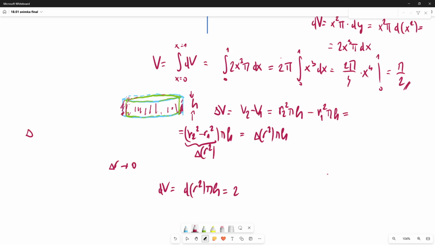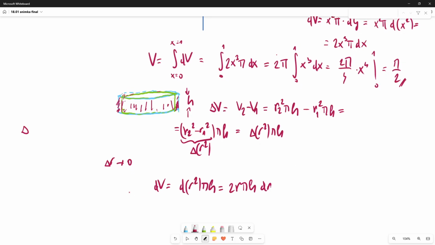That is 2R pi h dR. In our case, R is once again equal to x. h, in this case, is equal to y. So this is 2 times x times y times pi times dx, as x is R and y is h.